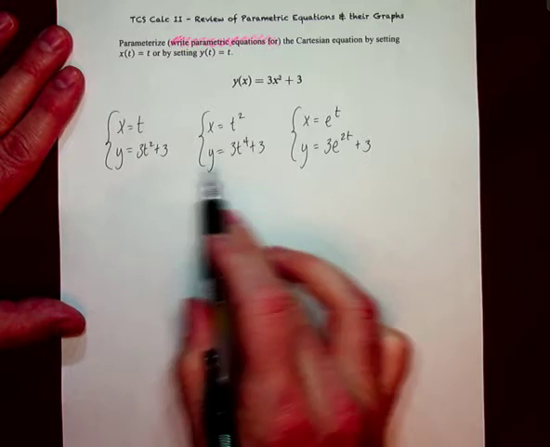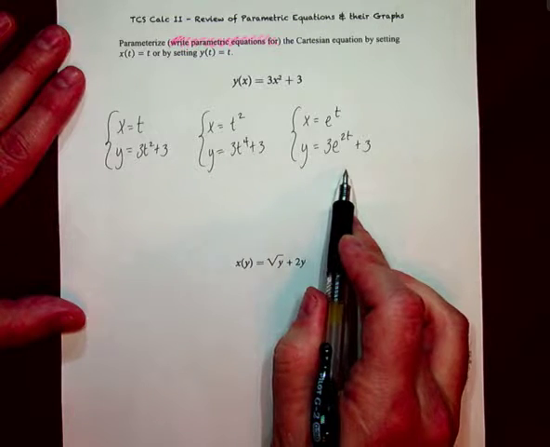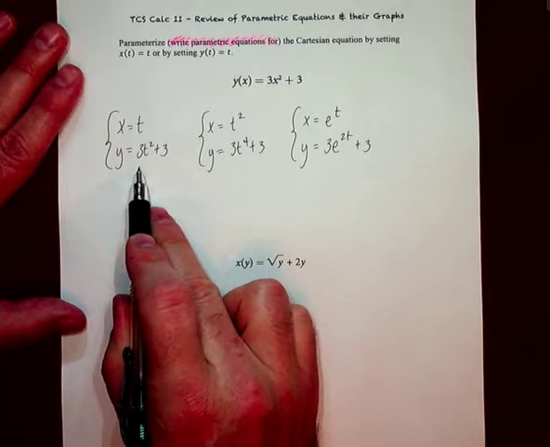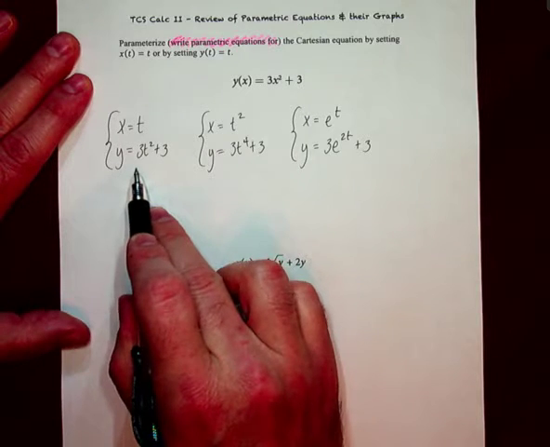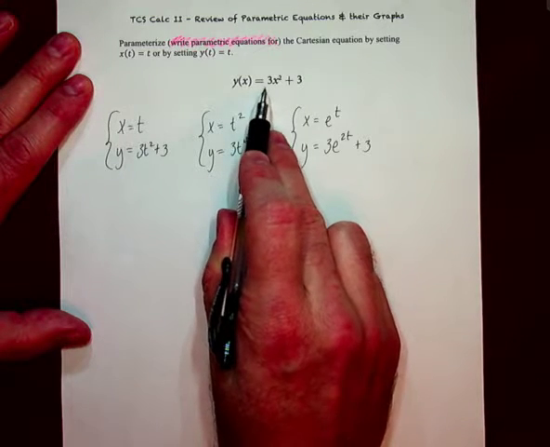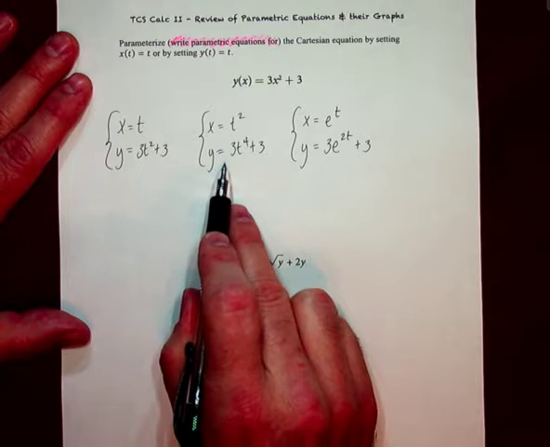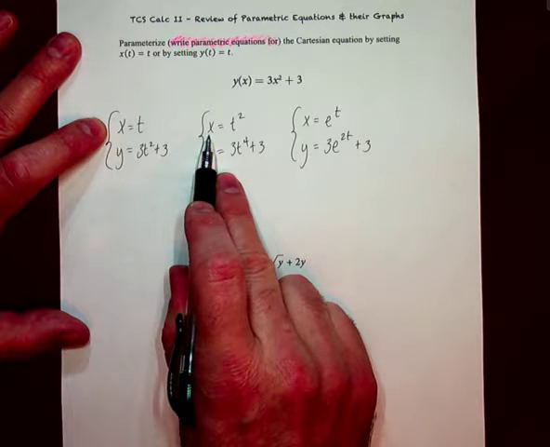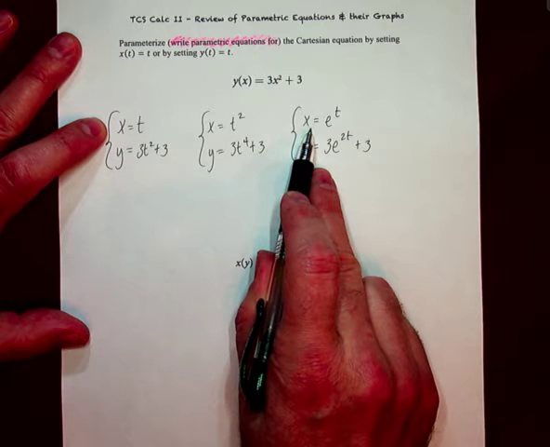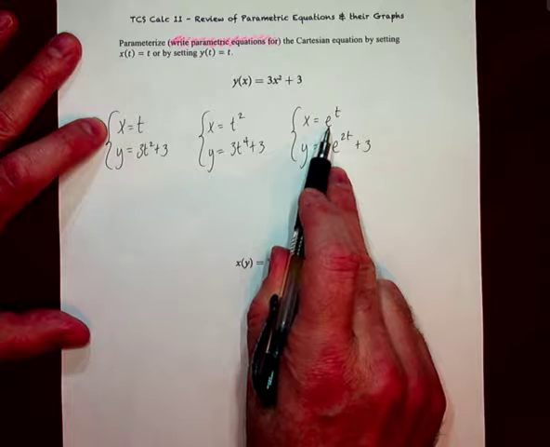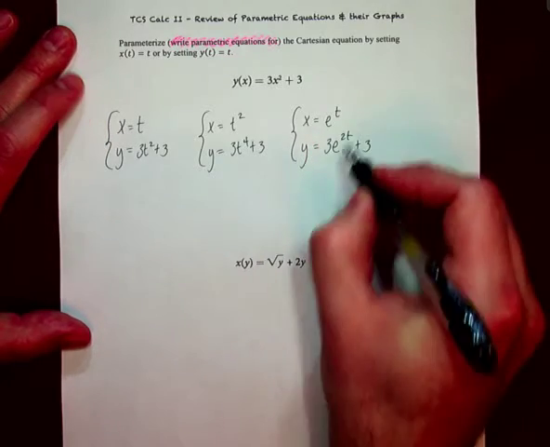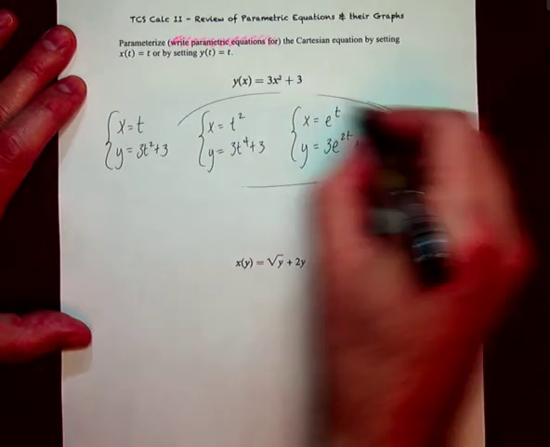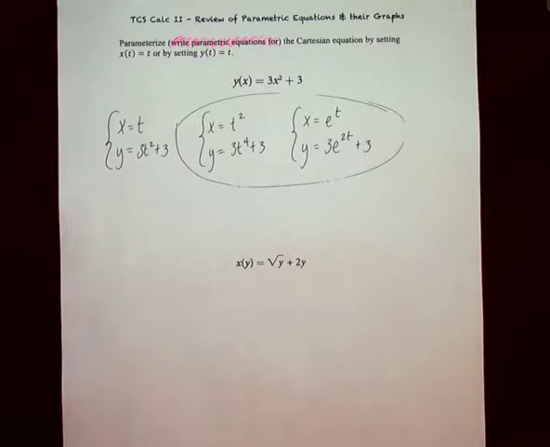Now, these are, of course, different, because this one is basically going to wind up being the same domain, the same shape as this. The problem with this one is that you're never going to get negative x values. And with this one, x is not just non-negative, it's positive all the time. So these are a little bit problematic because of the way that they change the graph by literally chopping part of it off.